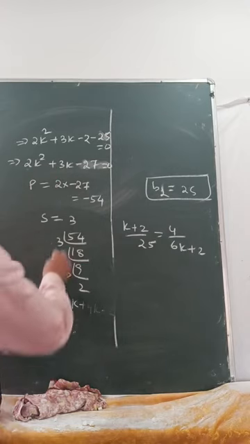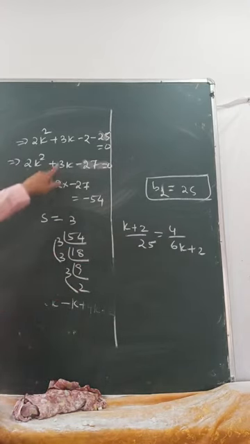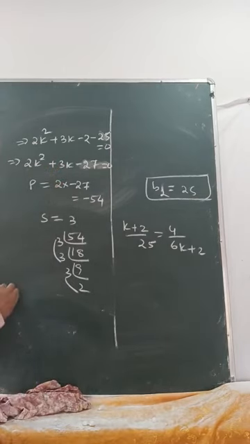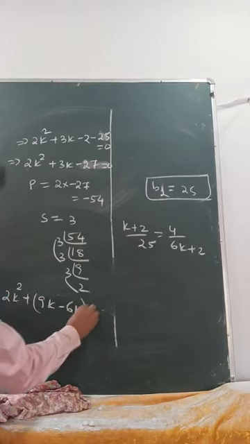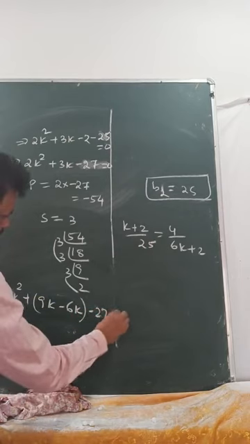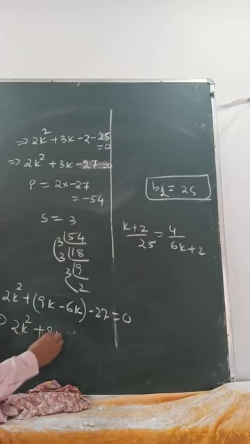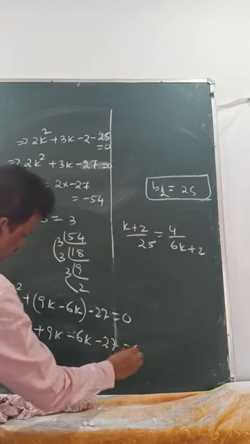Now 9 minus 6 equals 3. So you can get here 2k squared + 9k - 6k - 27 = 0.